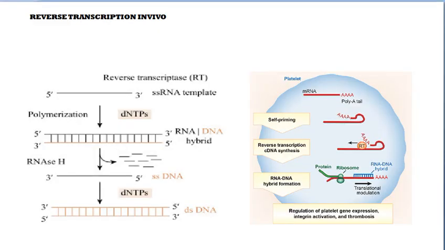Now let's see how a simple process of reverse transcription happens in vivo. We have a single stranded RNA template, a long chain of single stranded RNA. We have dNTPs here, because the nucleotides are required for the addition.